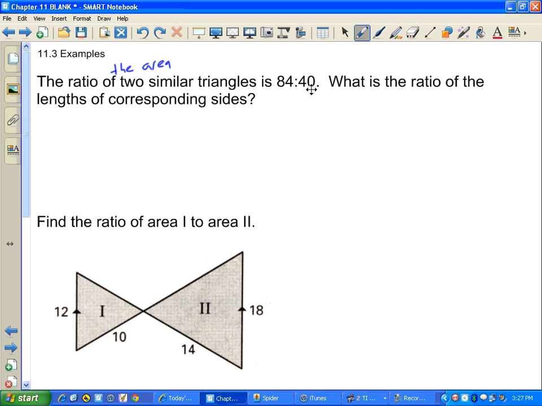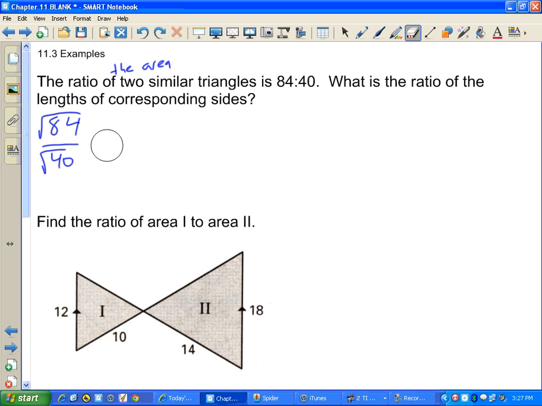So if the area ratio is 84 to 40, that means I need to go backwards. Since if I knew the ratio of the sides, which I don't know, I would square it to get this, in order to go backwards, I'm going to square root these.